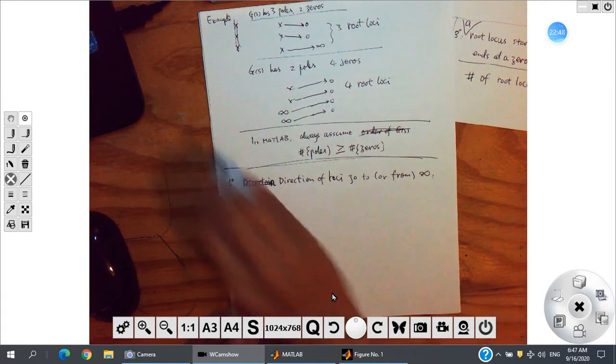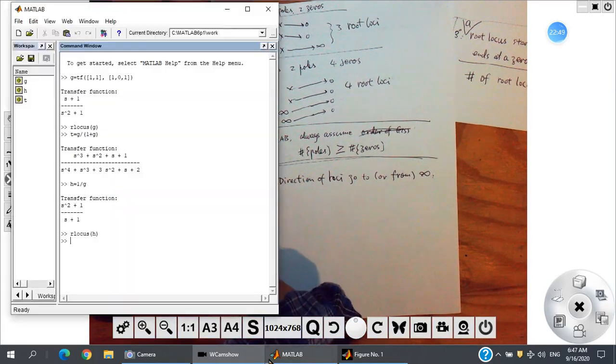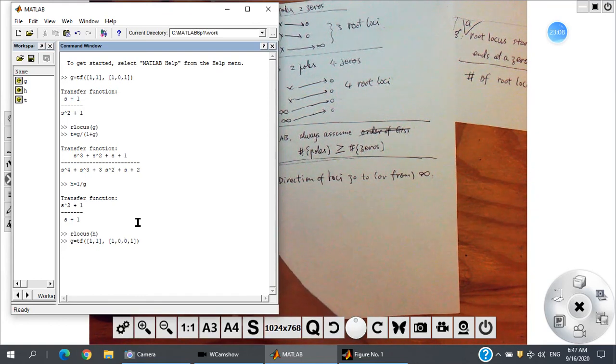Actually, I only have one. I need more so you can see the rules. I have G like this, with two poles. Now if I add one more zero, then the order of the denominator now is 3. So I have 3 poles, 1 zero.